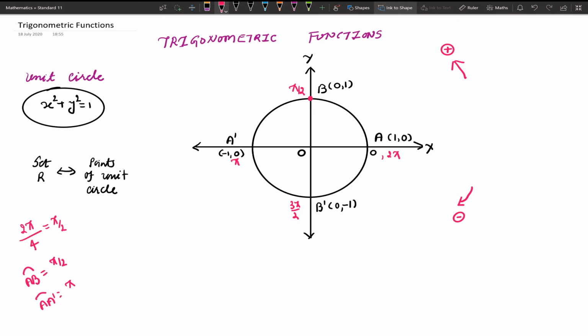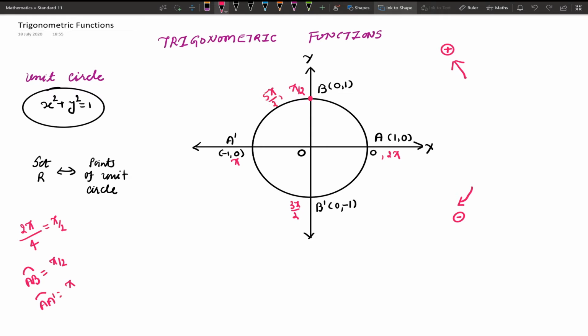Now again you note that for real number pi by 2, corresponding point of unit circle is B. So from B, if we complete one round anti-clockwise, travel distance is pi by 2 plus 2 pi, that is 5 pi by 2.